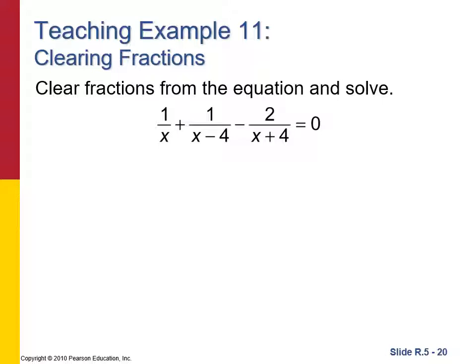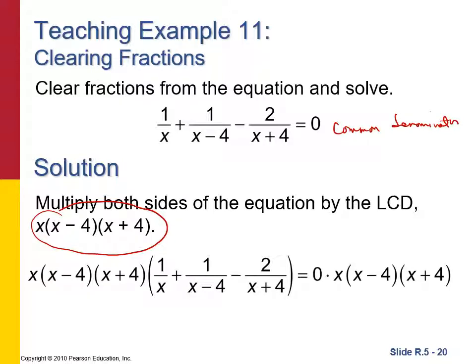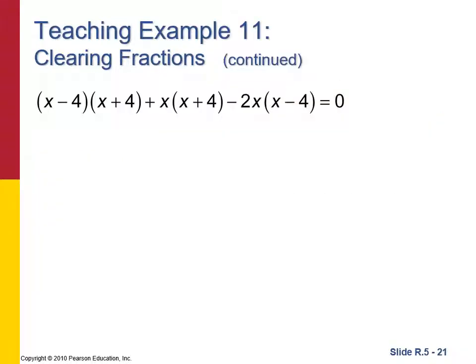Here, clear the fractions from the equation and solve. What does that mean? You're really just, again, finding a common denominator. And so you're really going to multiply everything by this, right? Looks a little complicated, but they were able to do that. And then it also allows them to solve this problem.